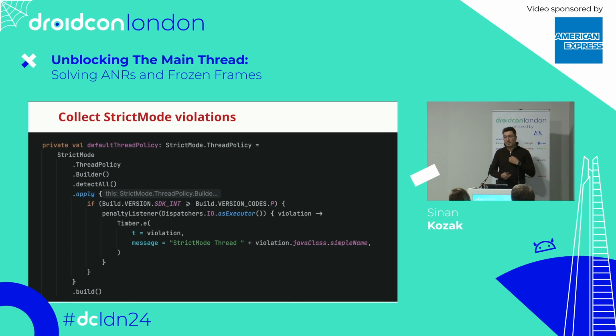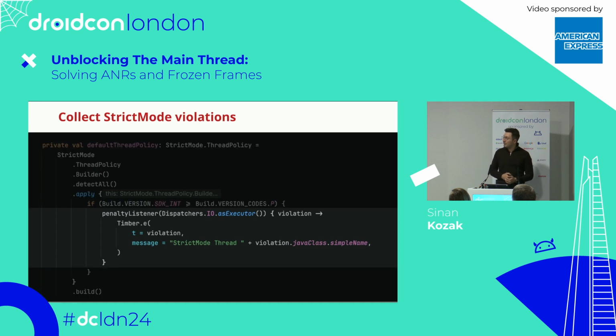One thing that you can do, instead of ignoring them, is collecting them. We are doing this kind of listener-based collection in our debug builds and our dogfooding application to be able to get them and prioritize them, because the more you collect, the more evidence you will have of how many people and how many use cases are hitting those edge cases. And that way, you can fix and avoid those issues.